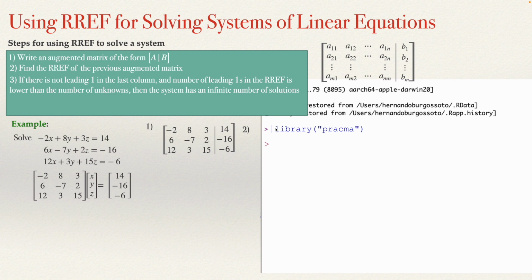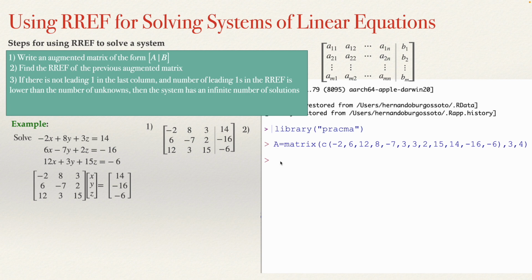If you do that, R is ready for you to enter anything, and what I'm going to do is just enter the augmented matrix. So the augmented matrix: A, matrix, c for combine, and all the columns, one by one, separating every entry by a comma. Then at the end, the number of rows and the number of columns. And press enter. Now R is ready to compute the reduced row echelon form.